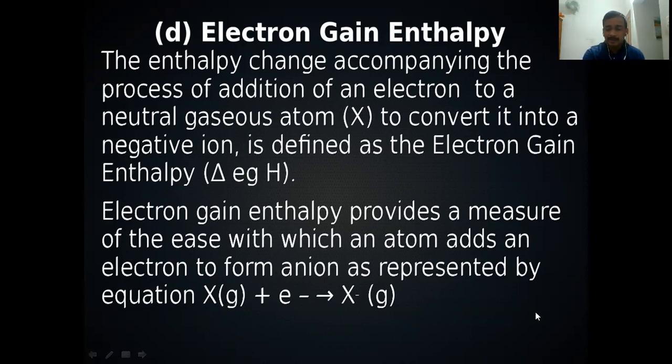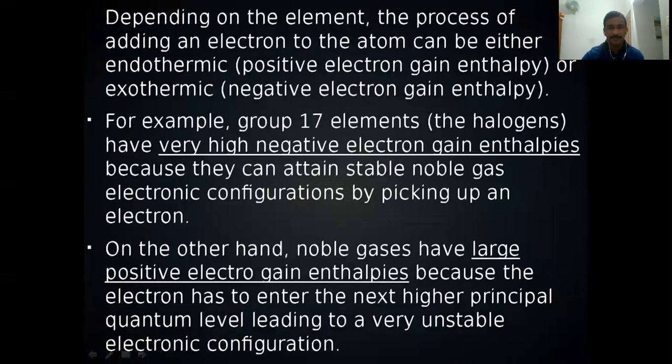When we consider elements such as halogens, they need only one more electron to get a noble gas configuration. That means to go to a highly stable state. When it is going to a highly stable state, its energy will decrease and therefore it will release energy. So that is a negative electron gain enthalpy.